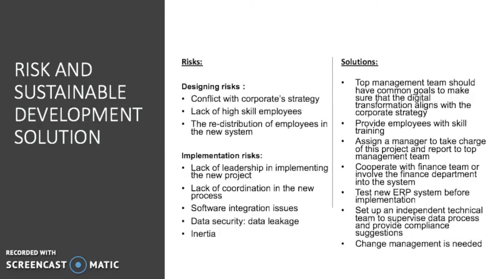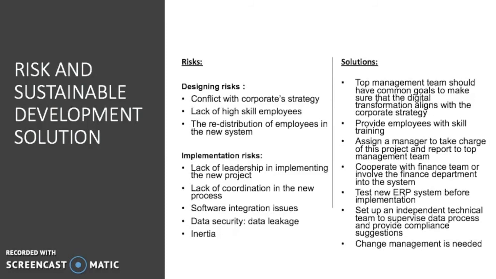And based on the risks which might be brought by the new system, here we give some solutions. First, the top management team should have common goals to make sure that the digital transformation aligns with the corporate strategy. Second, provide employees with skill training.